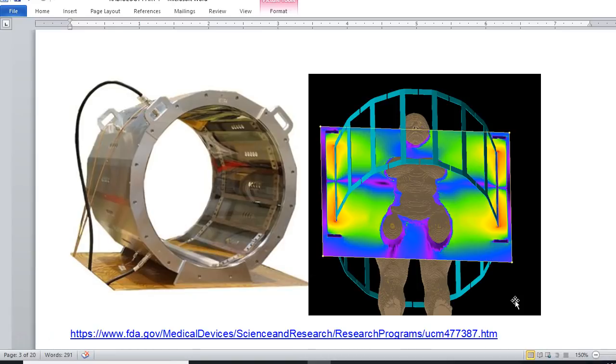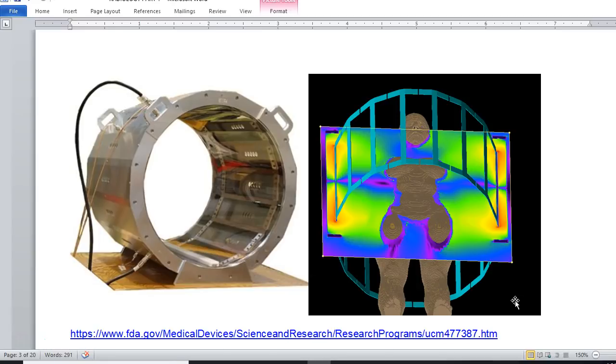For the longest time, CT and MRI were kind of fighting with each other. There are a couple of major differences between them other than the machine itself. CT scans take less time and they're a little bit cheaper, but they don't give nearly as great an image as an MRI does.